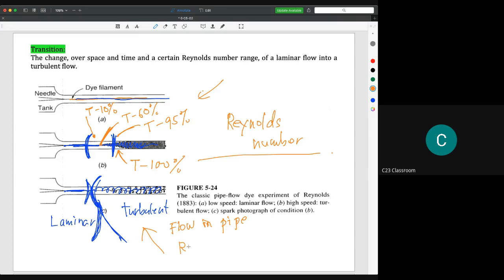The equation for the number is rho V d over mu, where d is the diameter of the pipe. We find that if the Reynolds number is less than 2,000, it is fully laminar, and if the Reynolds number is more than 4,000, it is fully turbulent. Between 2,000 and 4,000 it is a transition region.